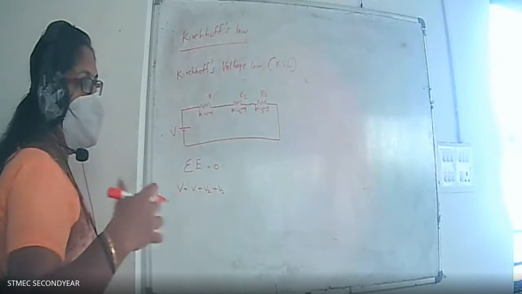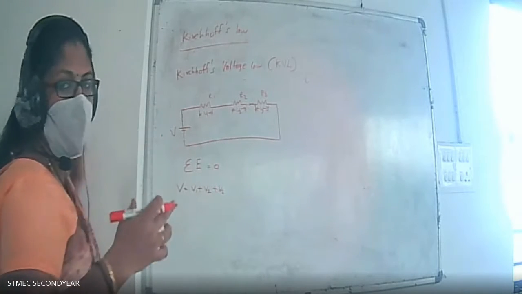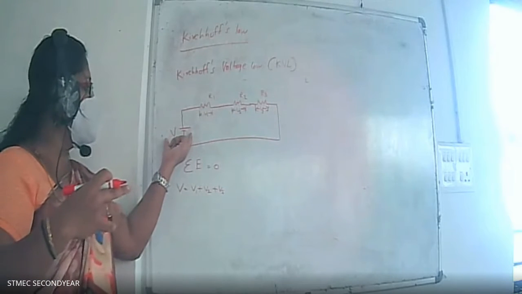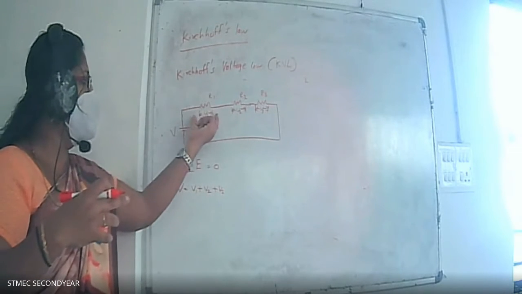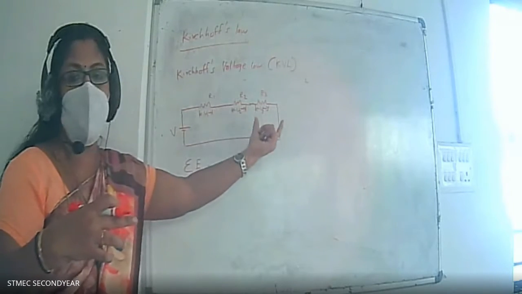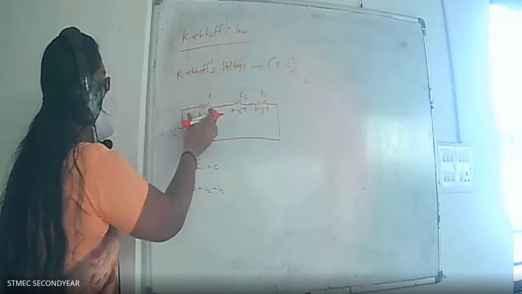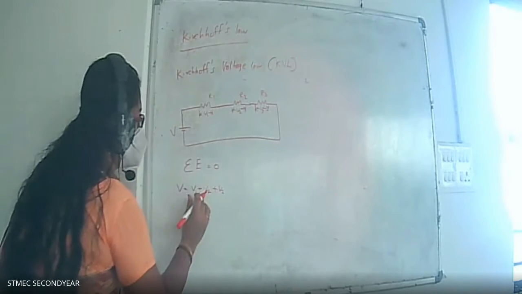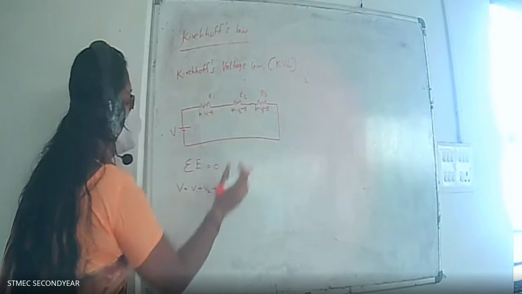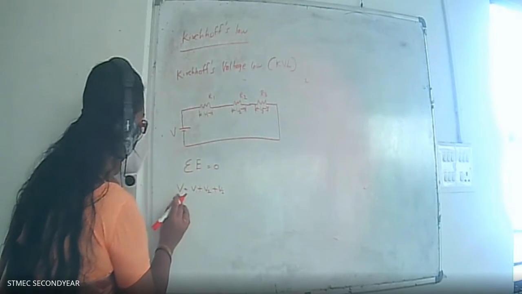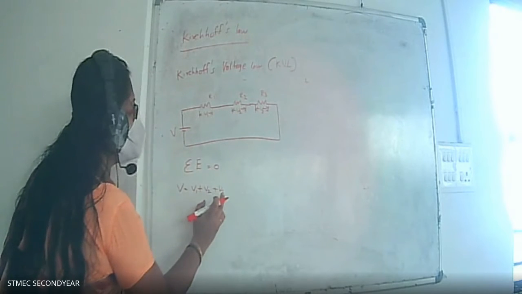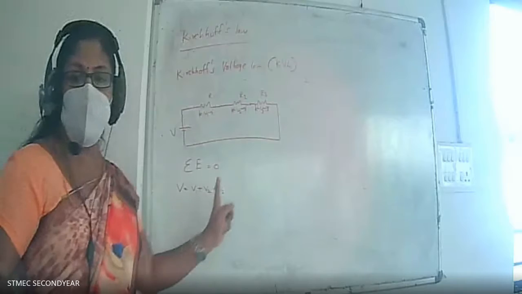We can say this KVL rule in another fashion: the input source voltage will be equal to the sum of the individual voltage drops across each of the components. The individual voltage drop is V1 plus V2 plus V3. So total voltage V equal to V1 plus V2 plus V3. So this idea should be clear.